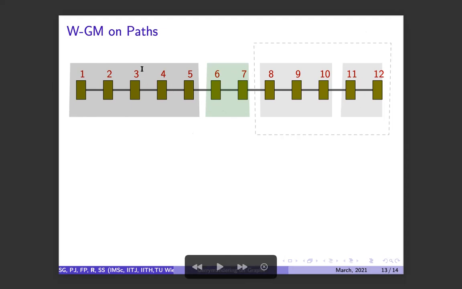So here we have divided this 1 to 7 part into two districts, where in one district our preferred candidate wins, and in the other the gray candidate wins. Okay, so there could be another possible districting, this one, where again we have two districts, one where our preferred candidate wins and the other where the gray candidate wins.